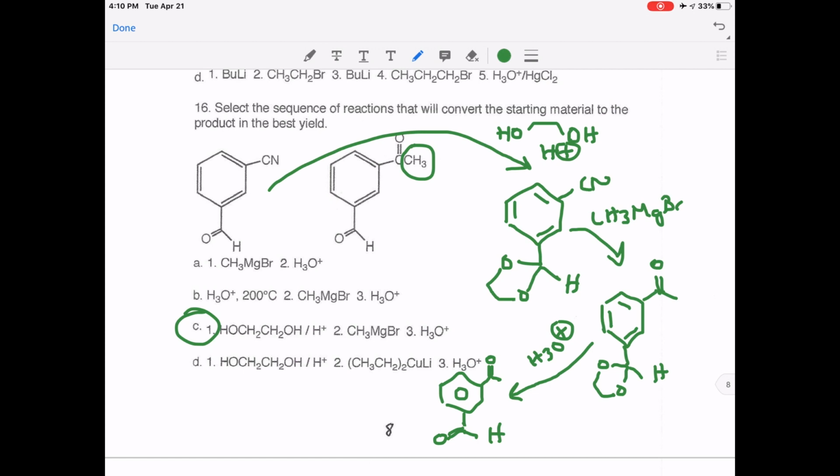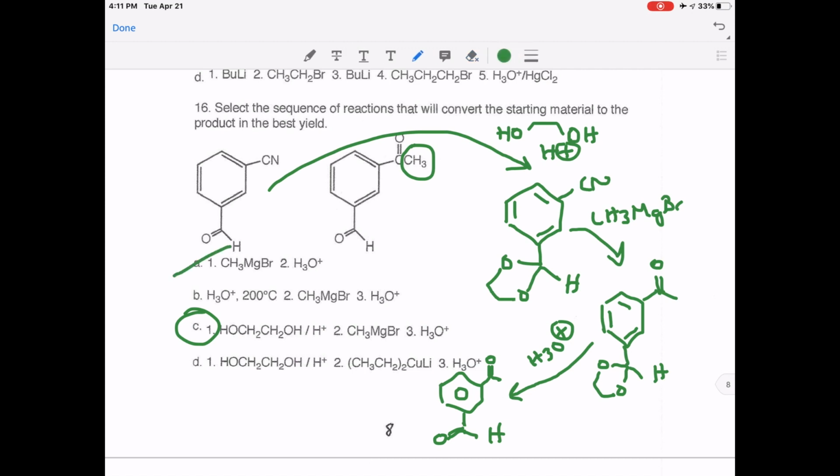It might give some of our desired final product, but in lower yield because this site is also available for attack. So that crosses out A.